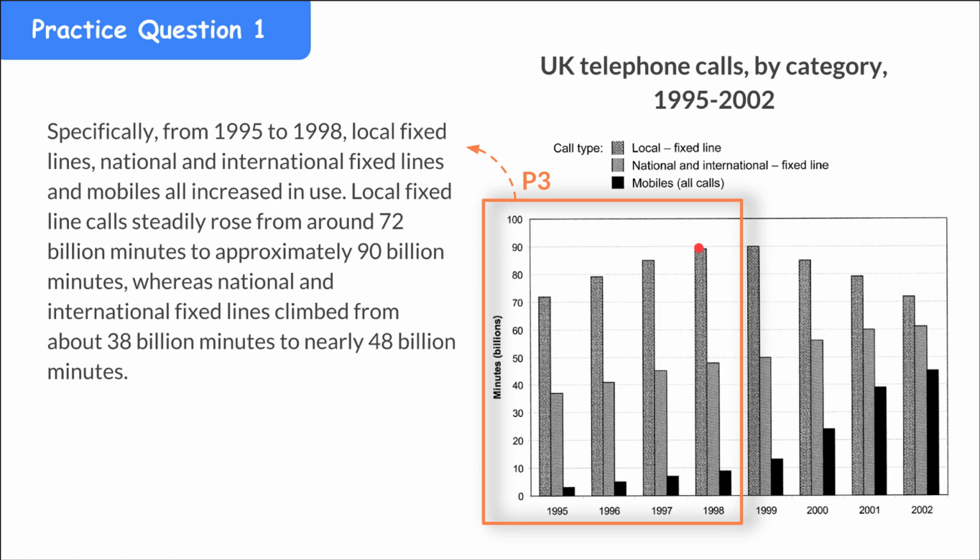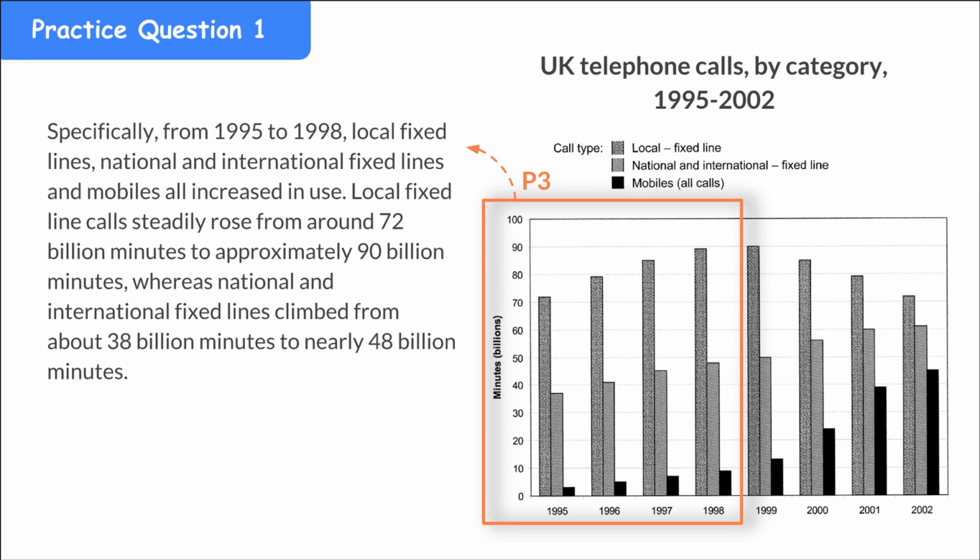Keep in mind that whenever you are estimating what the data point is, you have to use words such as around or approximately to maintain accuracy. Notice here that this is not exactly 72 billion minutes, and this is not exactly 90 billion minutes. In these cases, we are estimating what the numbers are because we don't really know what the exact numbers are.